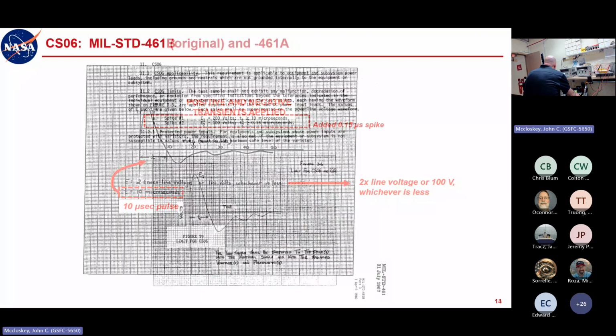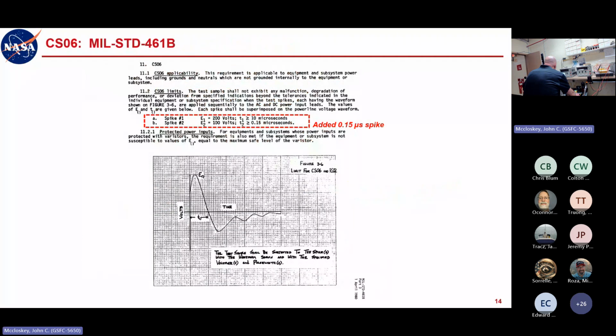Then when they went to version B, sometime in the 70s, I believe, I forget the date off the top of my head, they added a 150 nanosecond, or they call it 0.15 microsecond, spike. The basic shape is the same.